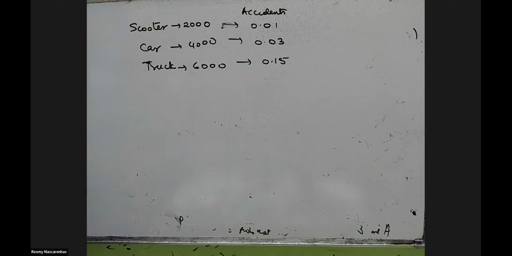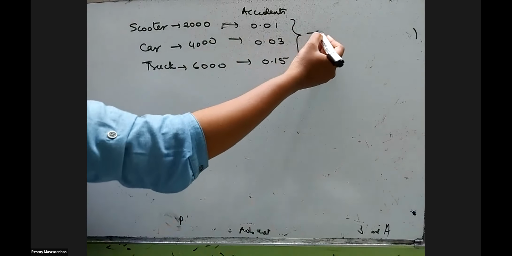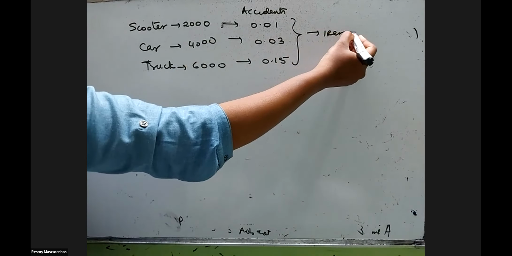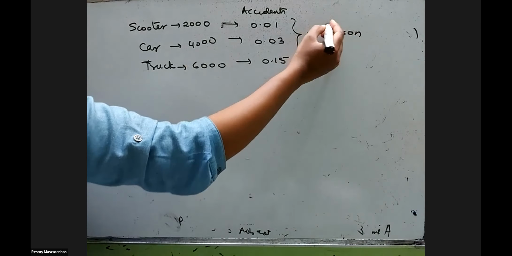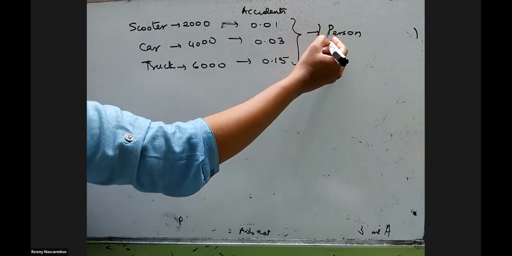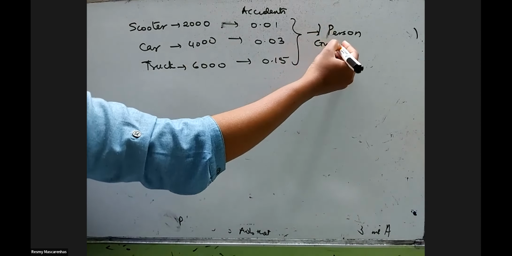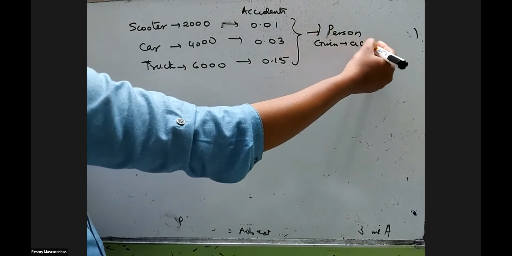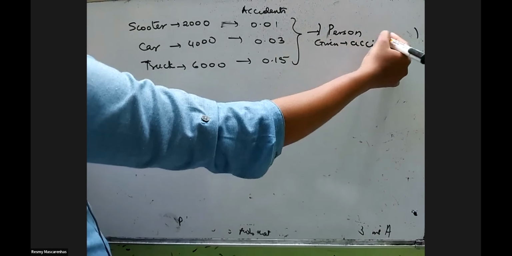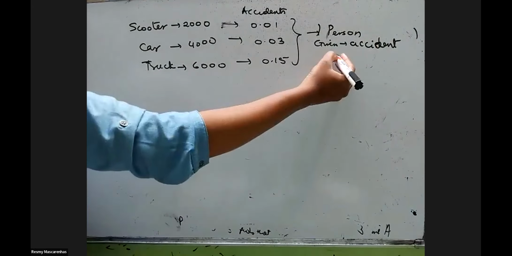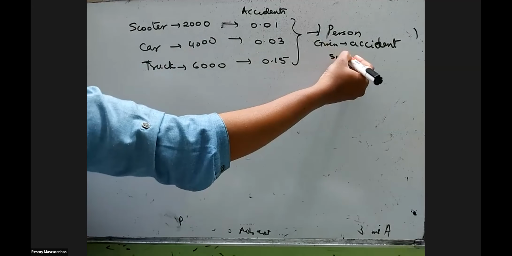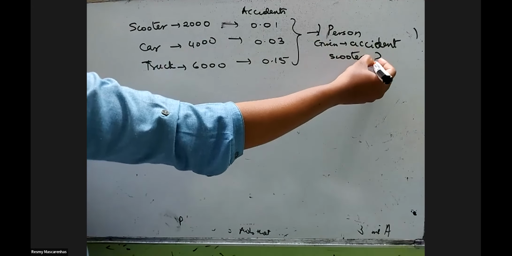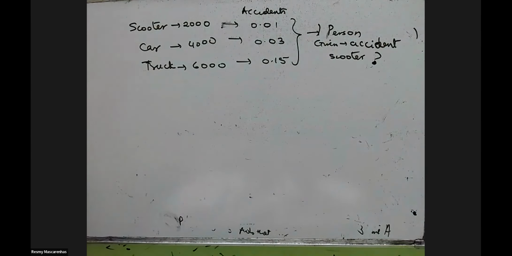Now what has been told is out of this, one person is given an accident which is happening. Now what are the chances that it is a scooter driver? The accident has happened because it was a scooter driver.